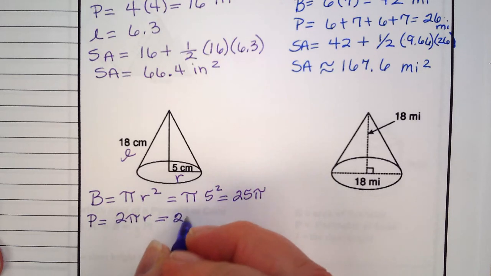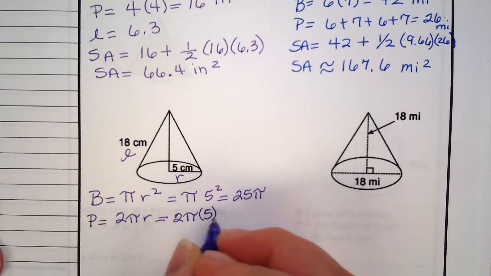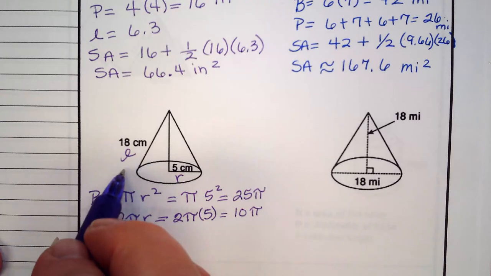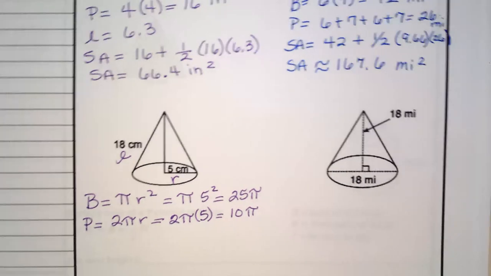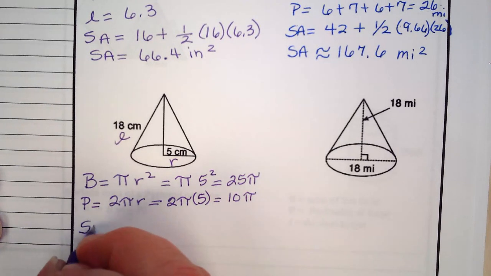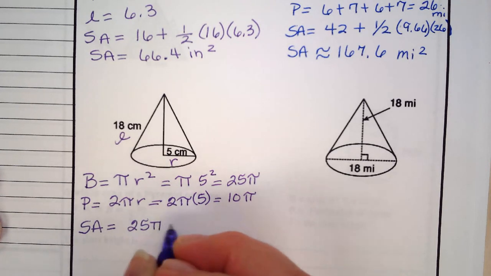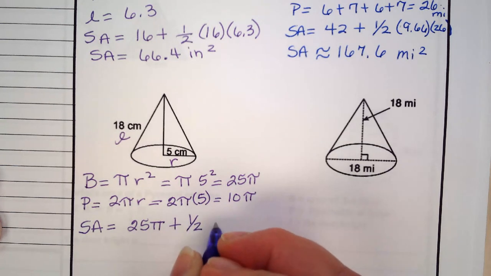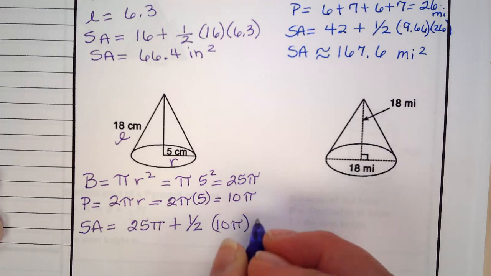So it's 2 pi times 5, and this is 10 pi. We've identified our slant height. Let's put it all together now. Your surface area is 25 pi plus 1/2 of 10 pi times 18.